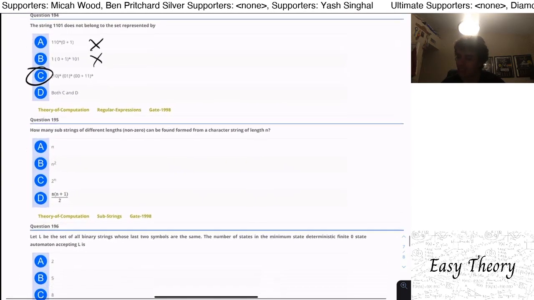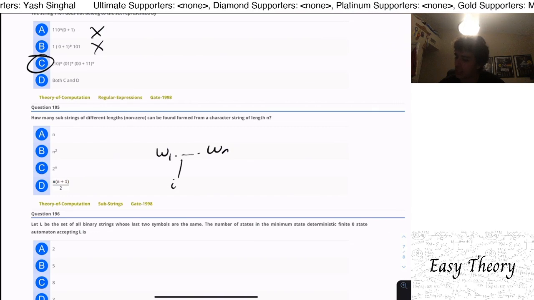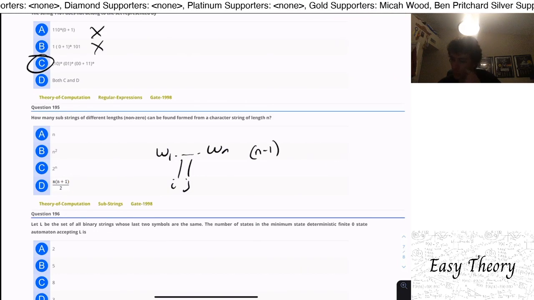There's no D answer. How many substrings of different lengths can be found from the character string of length n? So let's say we have a string W1 up to Wn. How many strings, different lengths, non-zero can be found using a character string from it? That means we start the substring at index i and then go to index j. So the number of choices is n minus 1 for the choice of i.